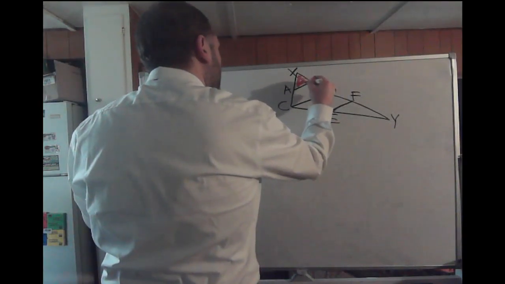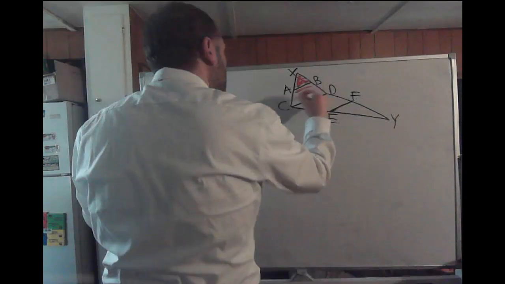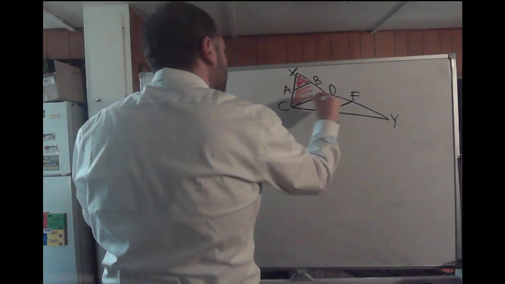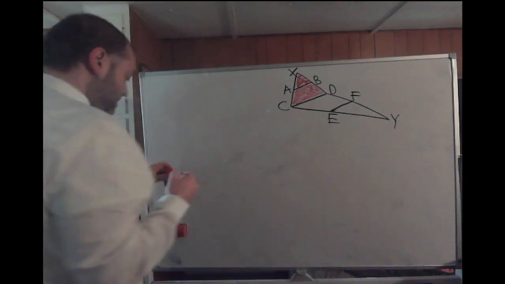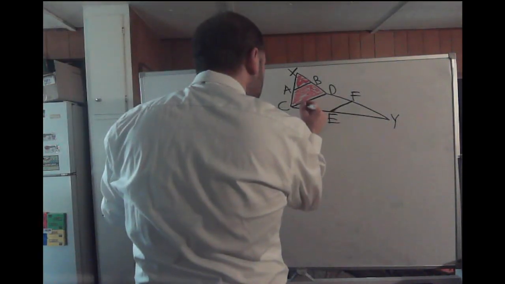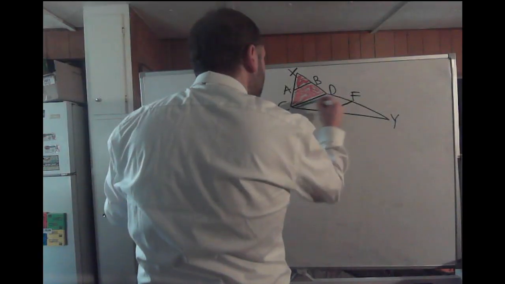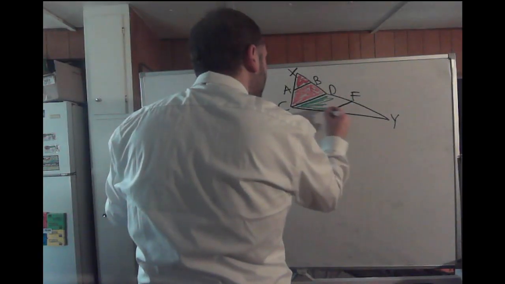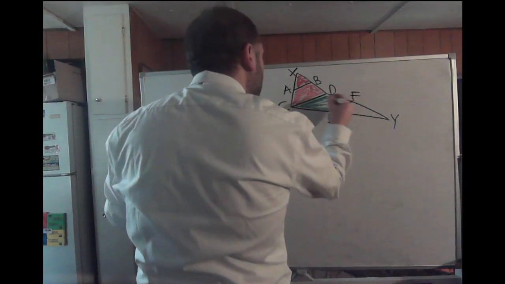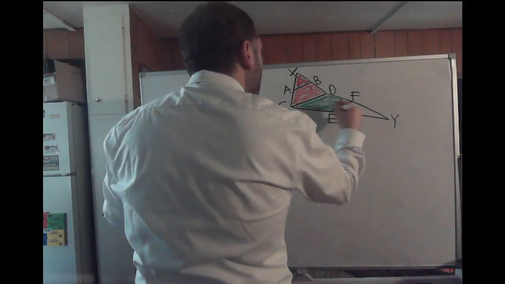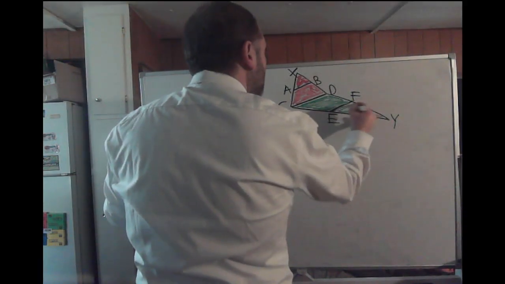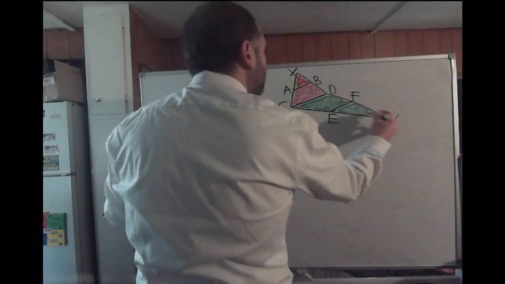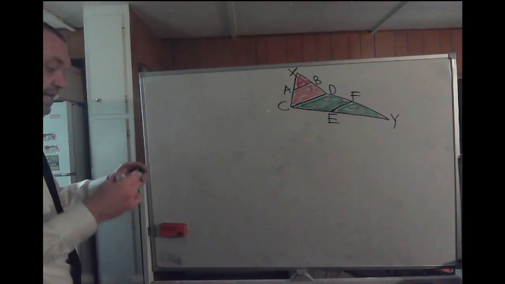I'm going to color these two triangles stacked on top of each other. Let's make them a nice Christmas color, probably because it's my favorite season. Okay, so these two triangles should now become easier to see.